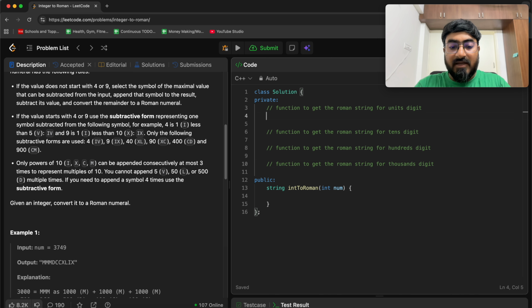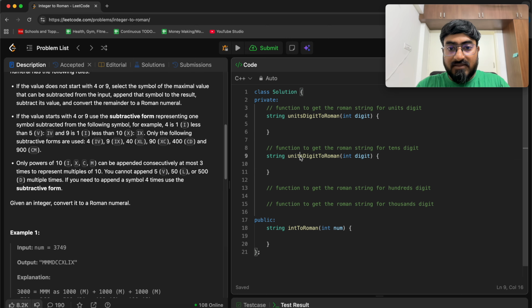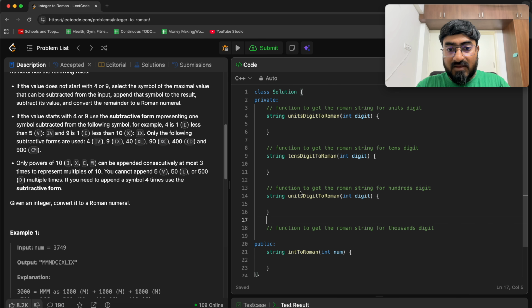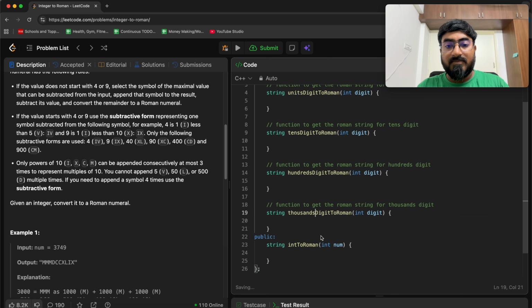Okay, so I can name it string units digit to Roman. Then string tens digit to Roman. Then string hundreds digit to Roman, then string thousands digit to Roman.